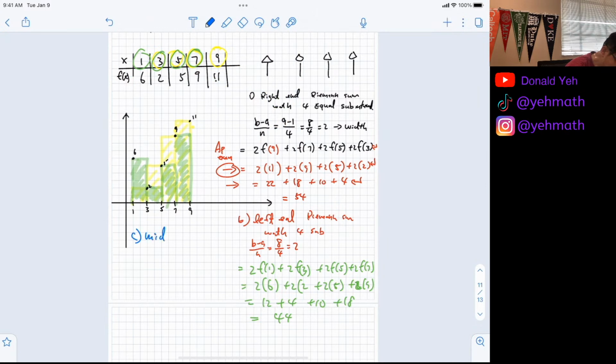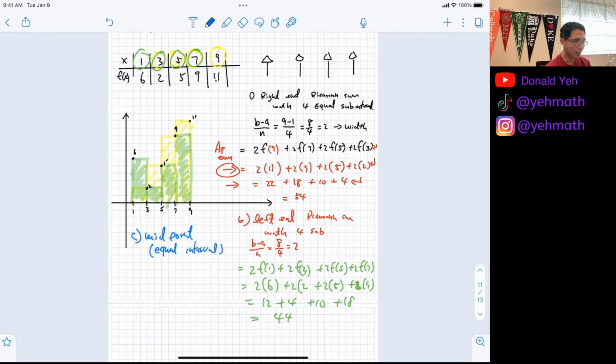Midpoint's a little bit harder because midpoint has to have equal intervals. In this case, you do have equal intervals, because in your homework, you could have unequal intervals. Okay?